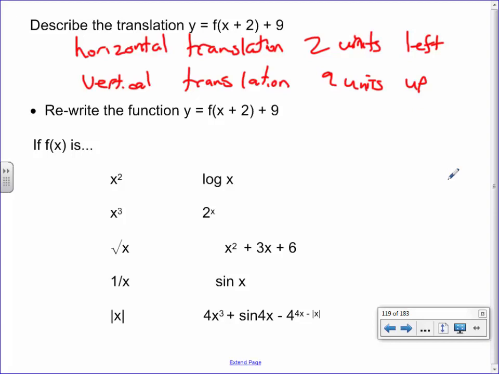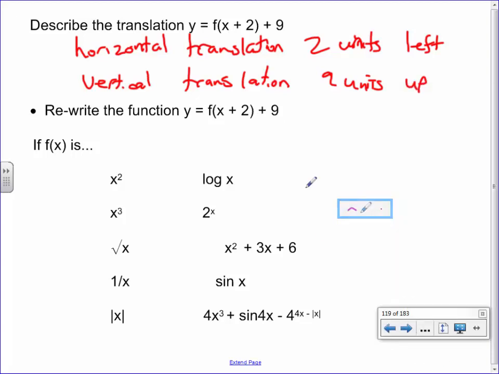Now, one of the things that's interesting about translations is it really doesn't matter what sort of functions you're using. I've made a big list here of functions, and all of these are things that we'll do in this course. Some of them you might be familiar with, some you might not, but we can still write the equations of the new ones after we've moved stuff, even though you might not know all of these equations. Let me do one of them for you.